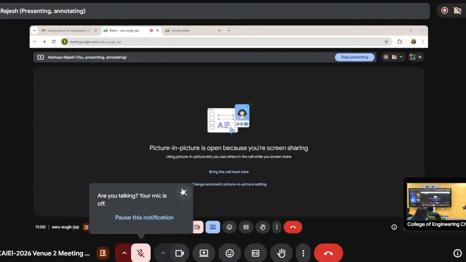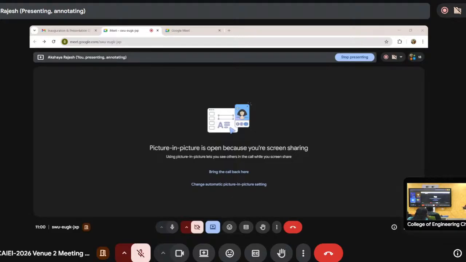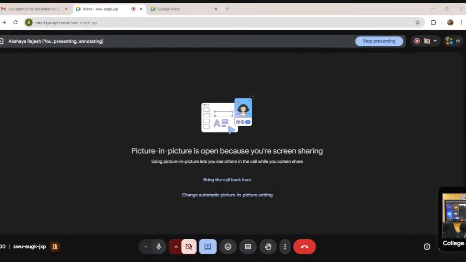Akshaya, your screen is visible, but the slides are not visible. Is it visible now? Let me check once.